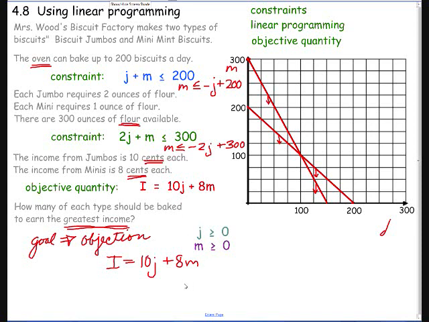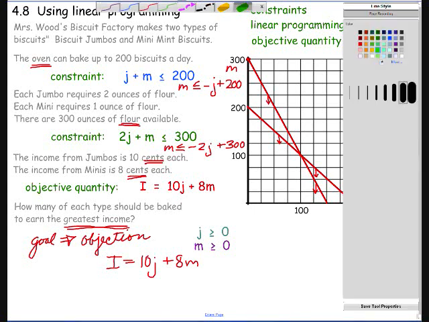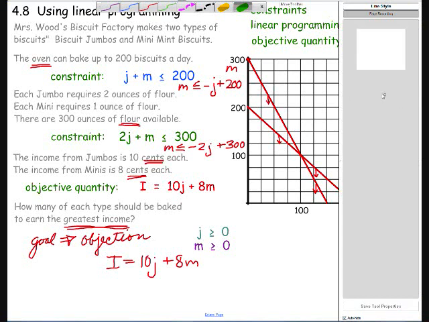Now, one of the things that's clear is we're not going to have any negative here. So we can say we're only operating in the first quadrant. We know we're not going to have negative biscuits of any kind. I could, at this point, and I will, go fill this in for you.